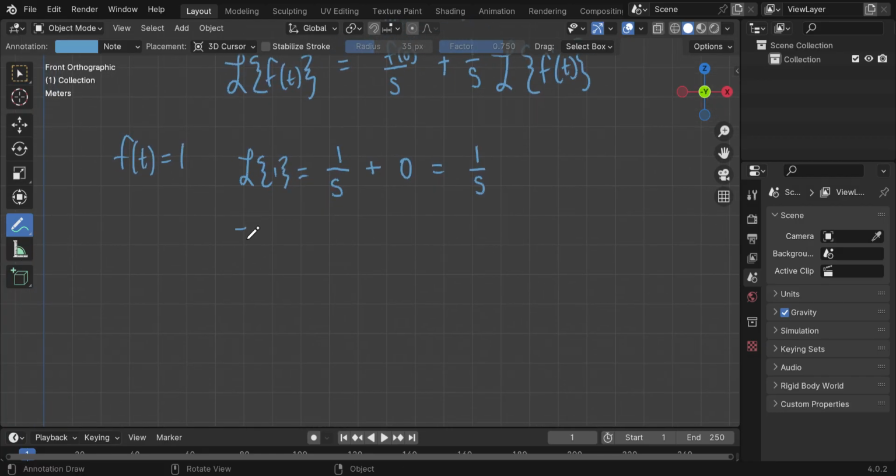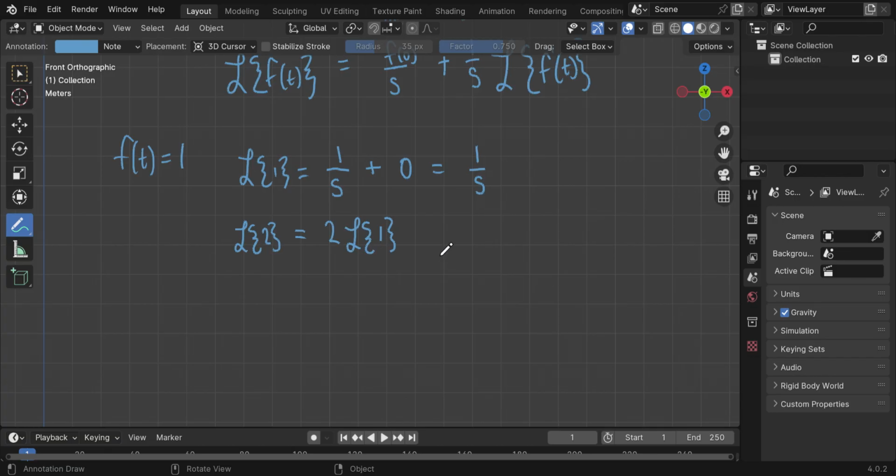Now if we wanted to take the Laplace of a different constant, say 2, that is just equal to 2 times the Laplace of 1. And we can factor out the 2 because it's a linear operator.